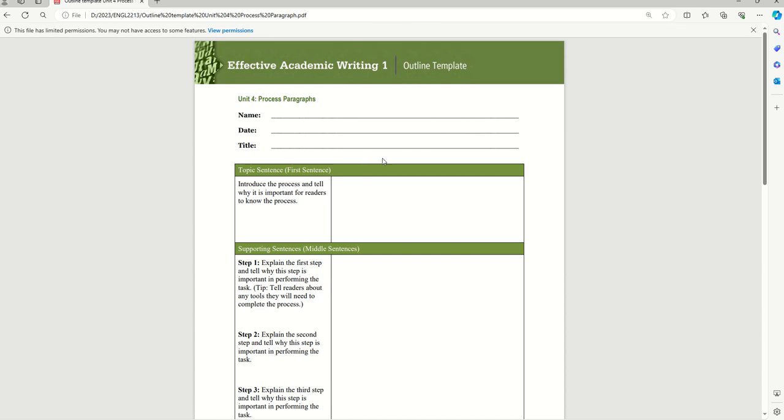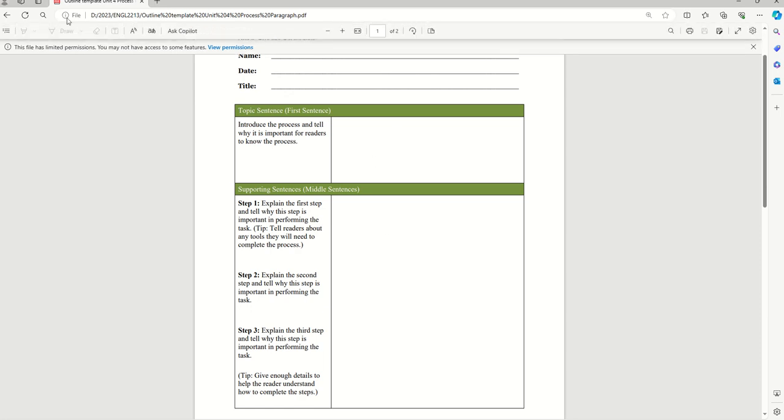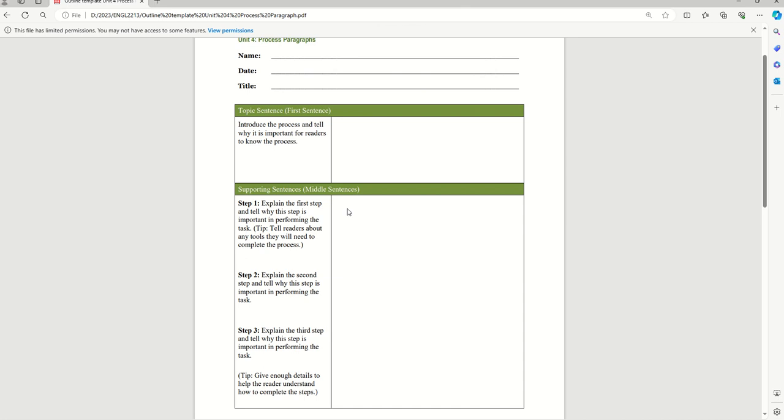I have the file for you for the outline template. So please continue the idea from page 82 and then develop your outline using this template. You try to answer, complete the description and explanation right here. You need to write main step plus detail. Step 1, main step plus detail.